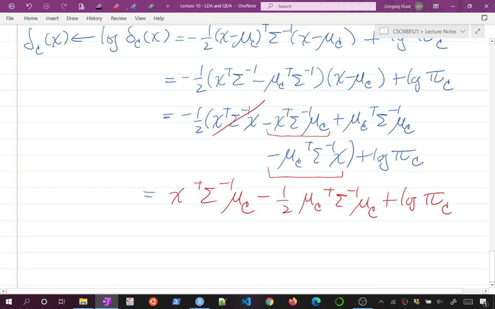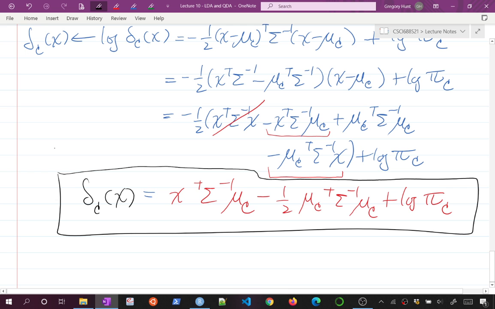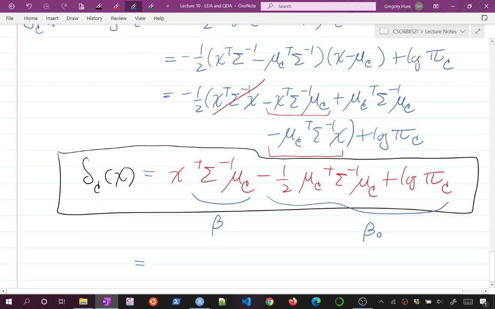Enough torturing for now. So that's my discriminant function. Let me put a box around it here. Notice again that if I let this thing be beta and all of this be beta naught, then this would be x transpose beta plus beta naught.